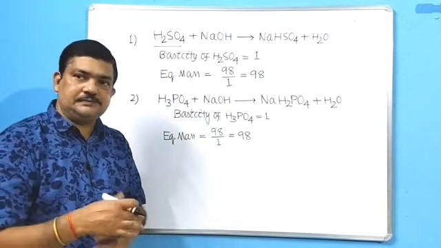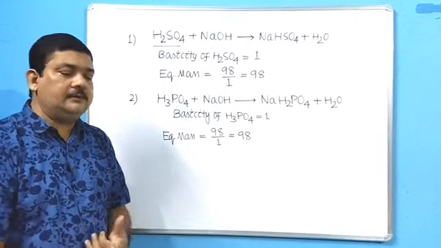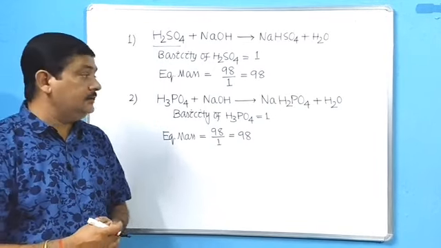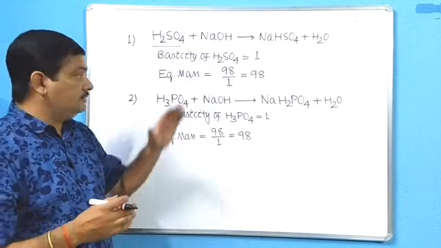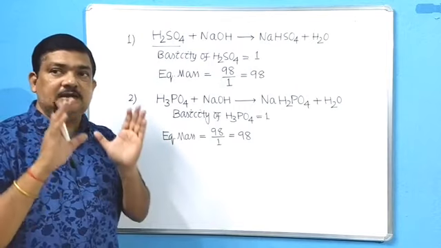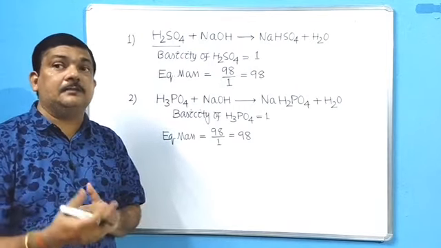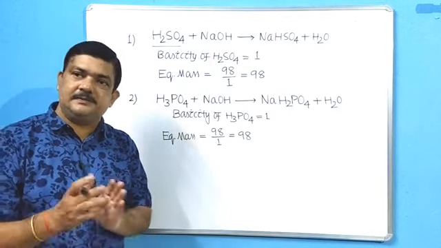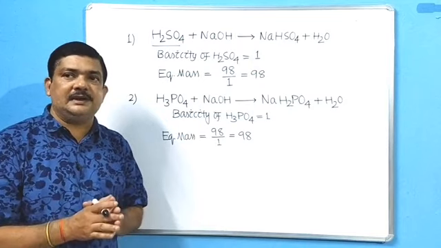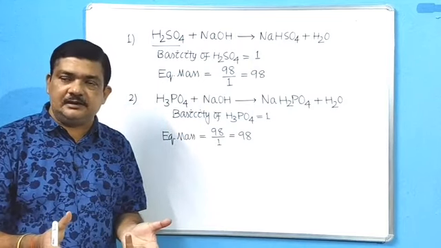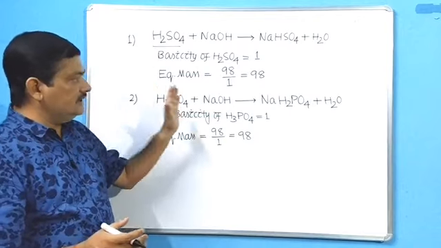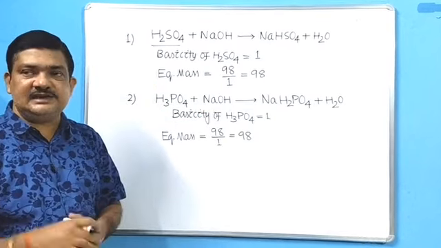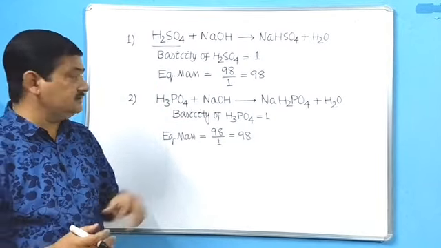Okay. So this type of question can also be asked to you. So be prepared for it. If you are given the equations, you have to clearly find out the number of replaceable H plus ions. That will be the basicity. The definition remains unchanged: the number of replaceable H plus ions is the basicity of an acid. So from the equation you have to find out the basicity and accordingly find out the equivalent mass.